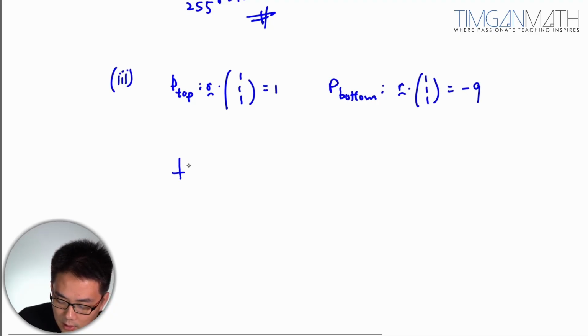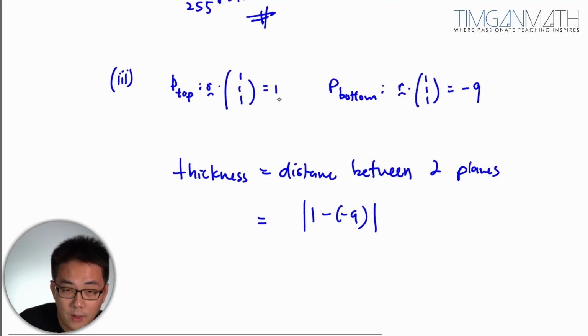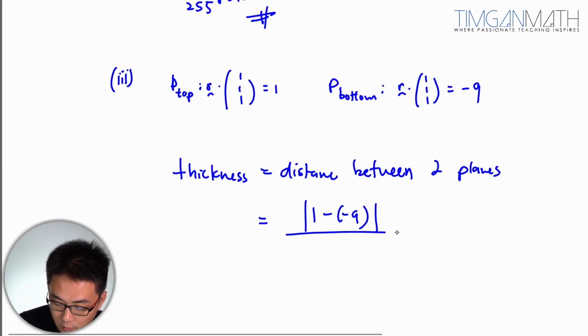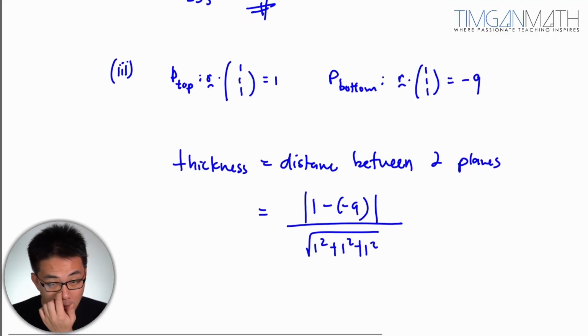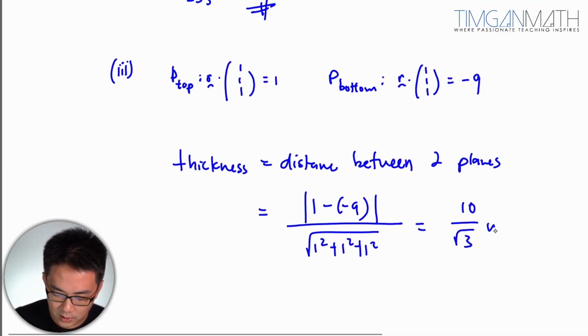So the thickness, which is basically the distance between two planes, would just be 1 minus 9, P1 minus P2, meaning the constants, over root of 1 squared plus 1 squared plus 1 squared. That's about it, and we just leave it as 10 over root 3 units.